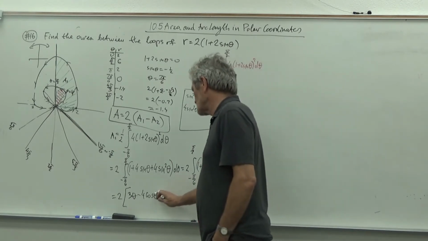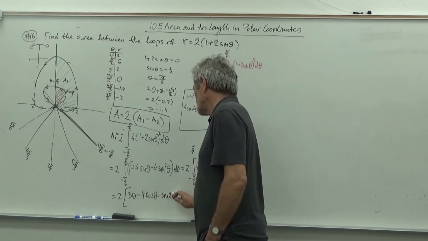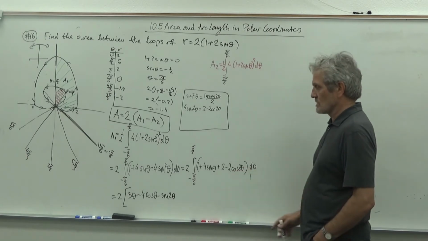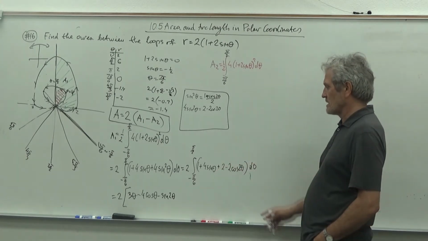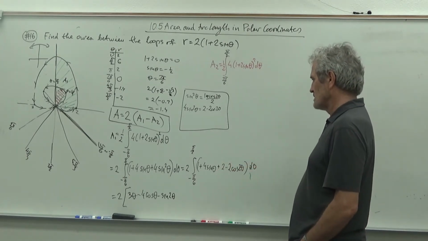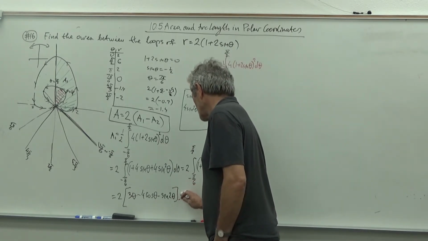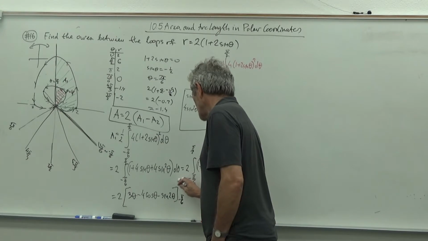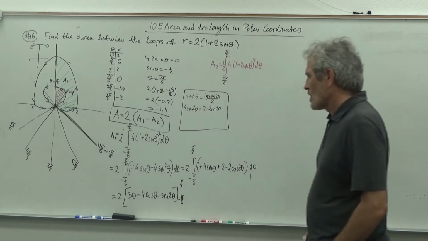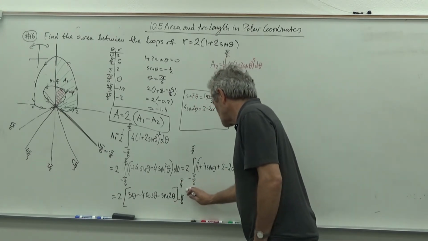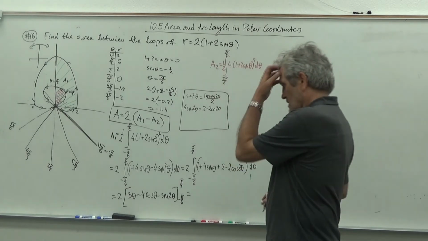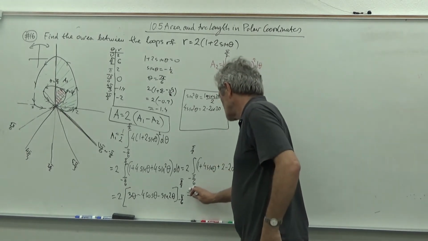This would be minus sine 2 theta. The derivative of sine 2 theta is 2 cosine, and the linear correction is cancelled with 2. So it all looks good between negative pi over 6 and pi over 2. And then just easy calculation. What would that give us?